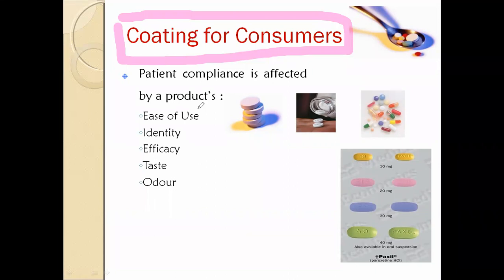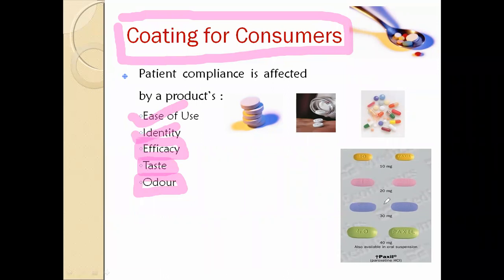Coating with special reference to consumers provides ease of use. It helps in identifying the product. It also improves the efficacy of the dosage form. Then you can mask or alter the taste of your product, and even mask the odor if your blend has an unpleasant odor.